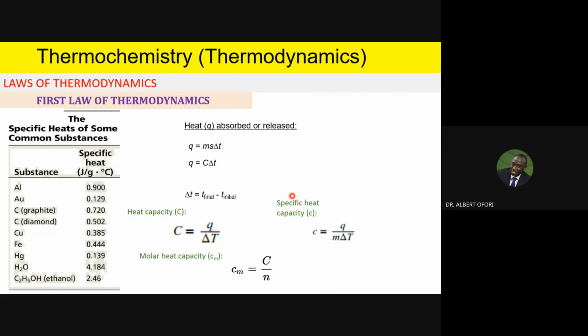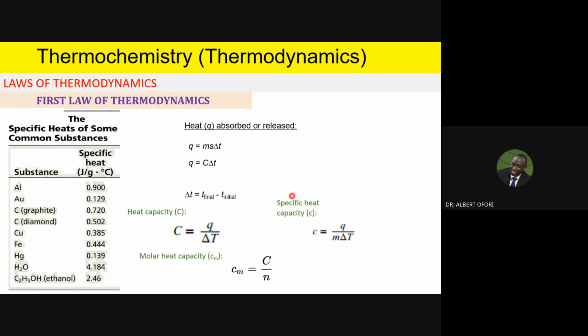We can also do what we call the molar heat capacity. If we can measure mass, then we know mass is related to moles if we have that information. So the molar heat capacity is the heat capacity divided by the amount involved.